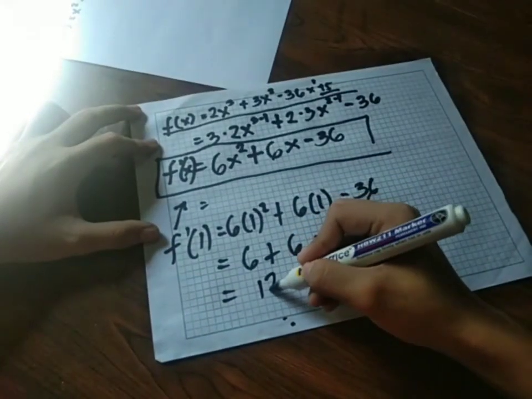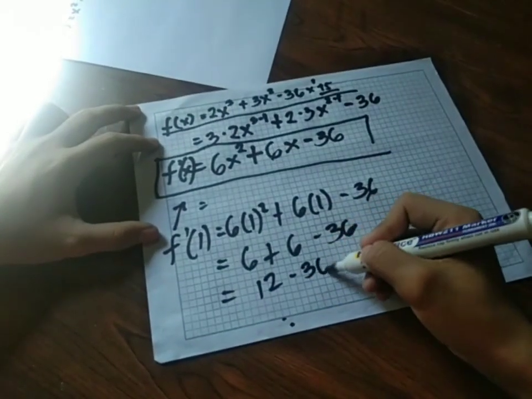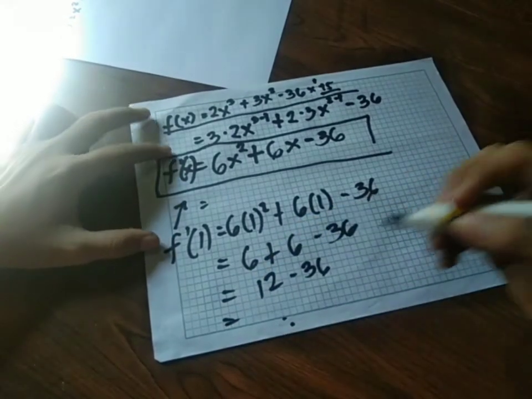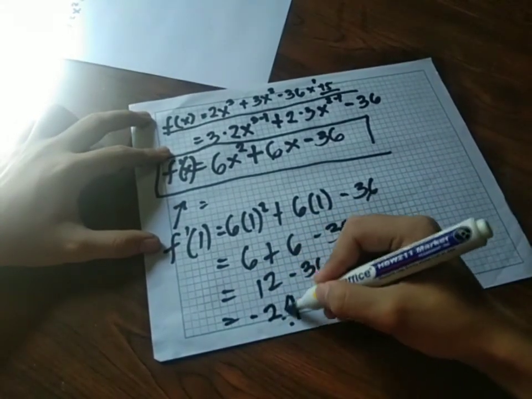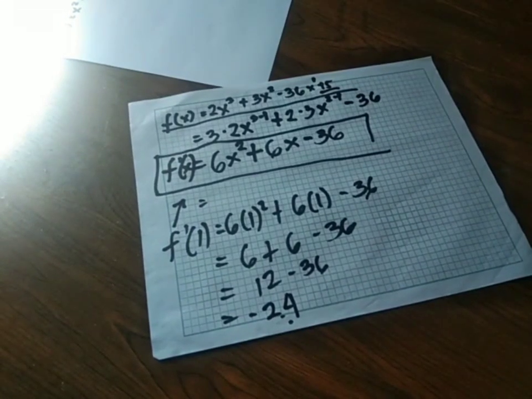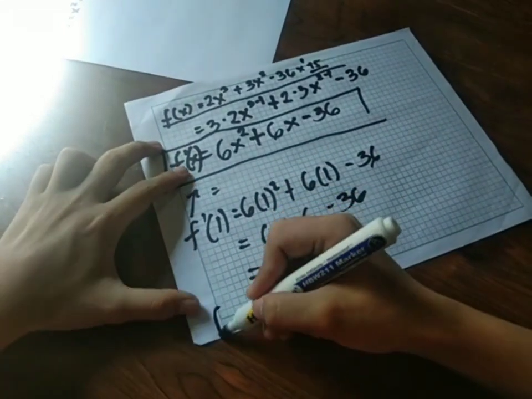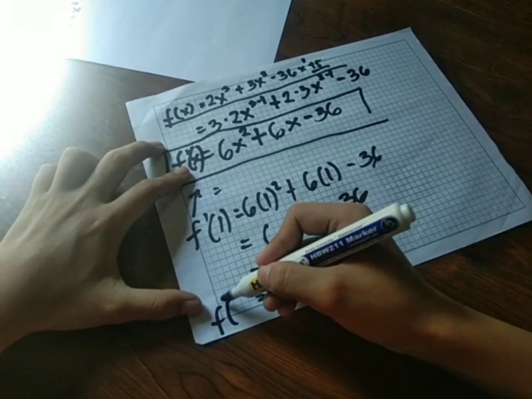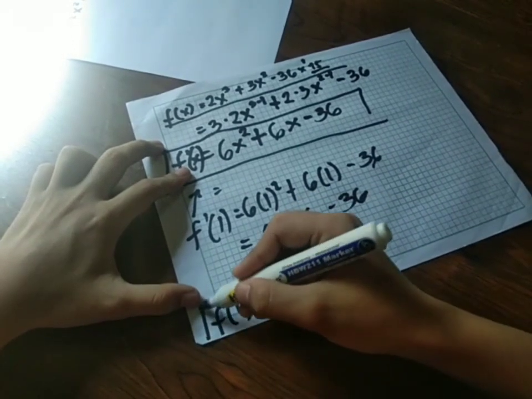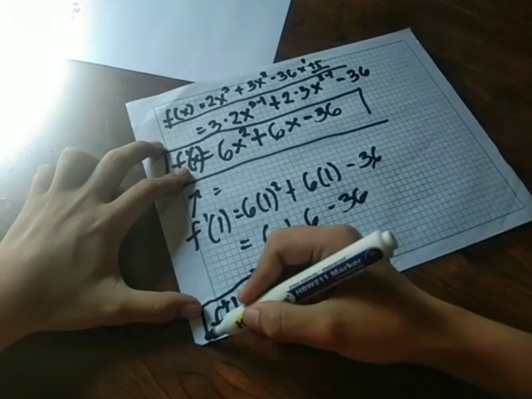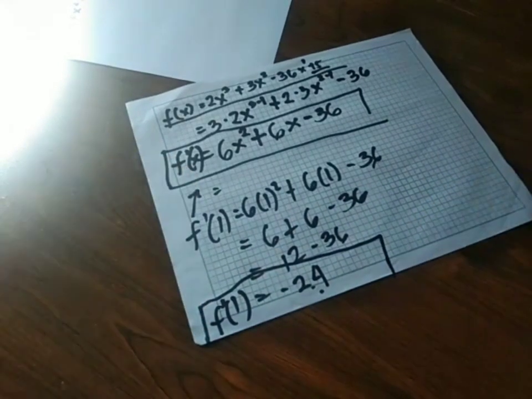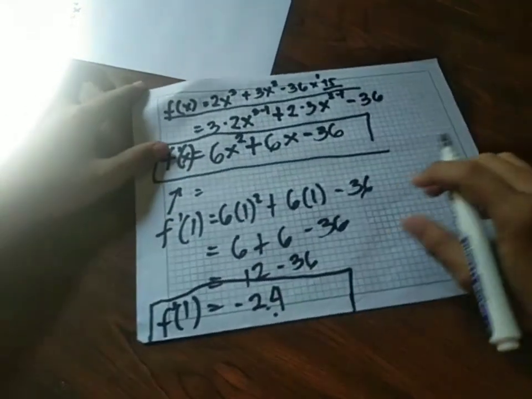So 12 minus 36 is negative 24. Okay, so that is the slope at point 1. Since it is negative, I think this is a downward slope.